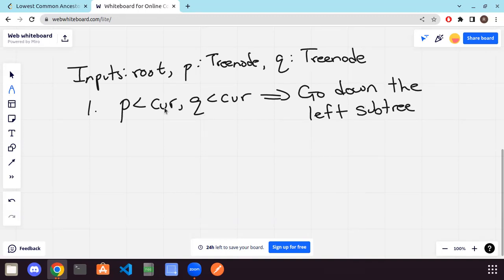Because we know that both p and q are less than cur, and so both p and q must be to the left of cur.